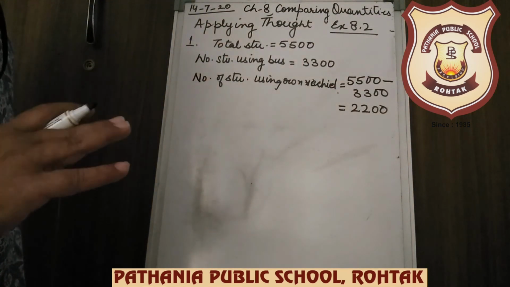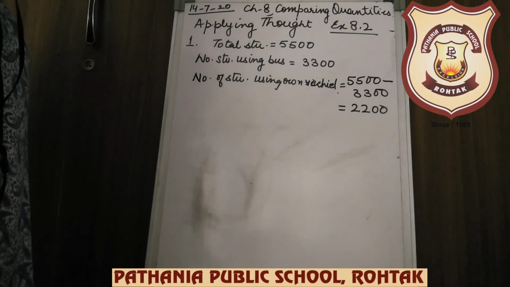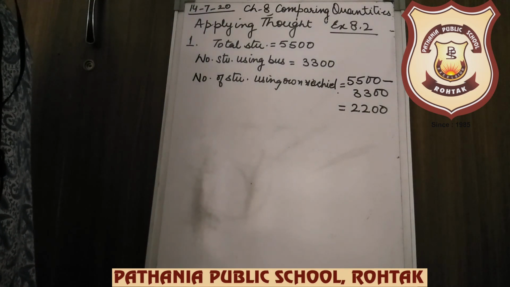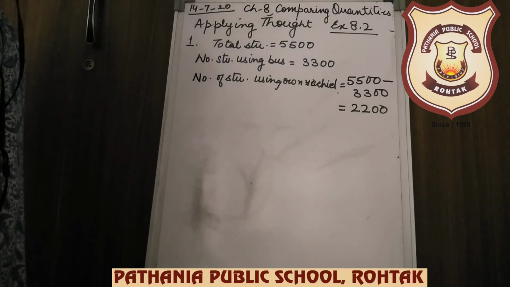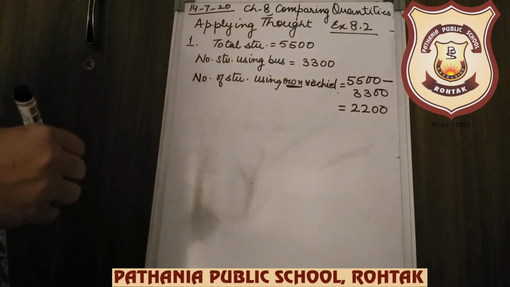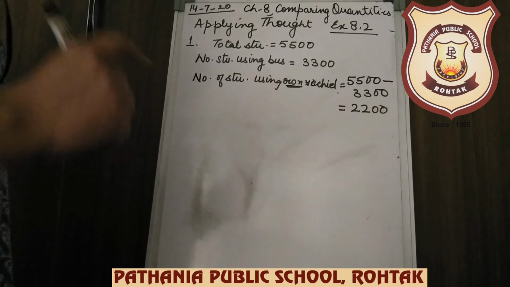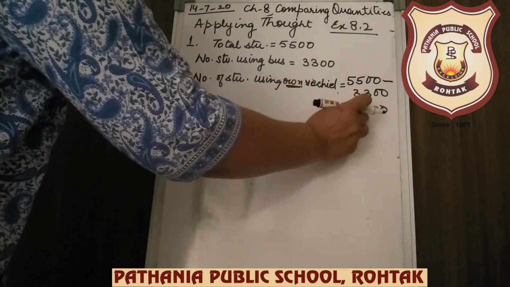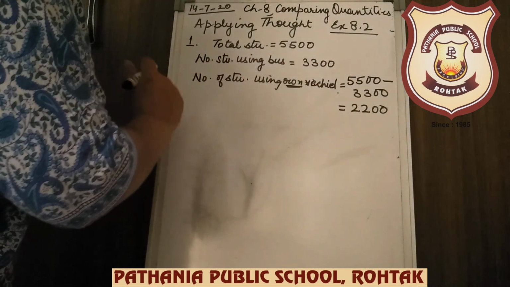So you have subtracted. Now they are saying find the students who do not use the school bus. Means the students who are coming on their own. They are not using the school bus. So this is the number, percentage.